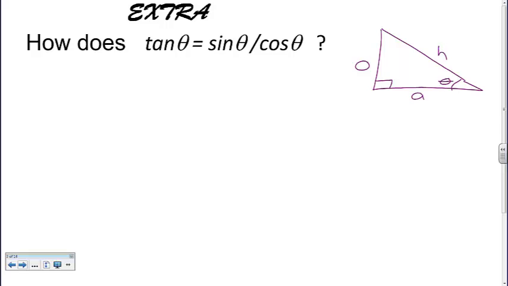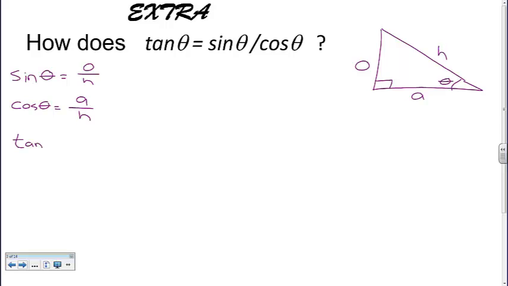remaining side. We know from our trig ratios that the sine of theta is equal to the opposite over the hypotenuse. We also know that the cosine of theta is equal to the adjacent over the hypotenuse.